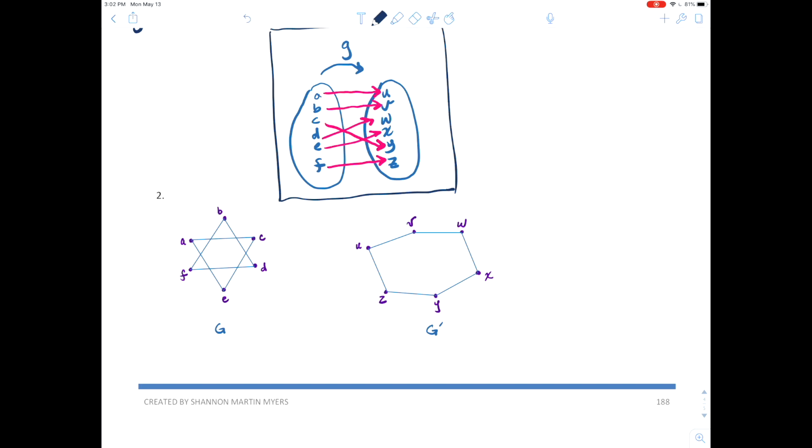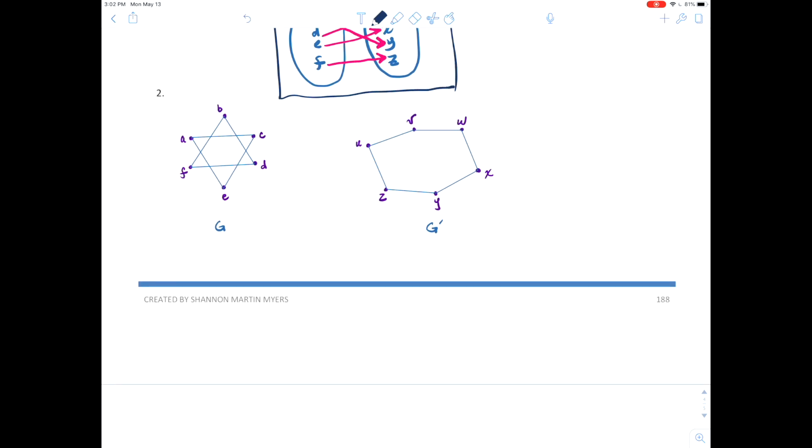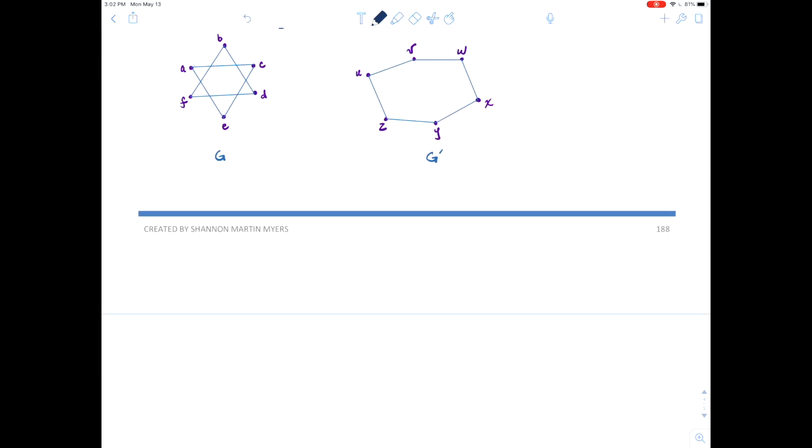Now, let's take a look at the next problem, number 2. For number 2, well, what do you think? Is there another way I could draw the graph of G? Yeah, for the graph of G, it could also be drawn so you could have your F, your B, and your D, like that.